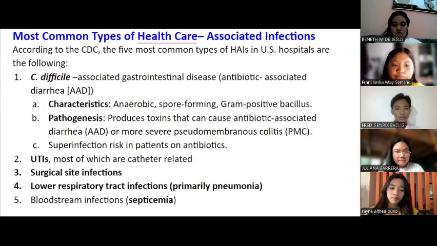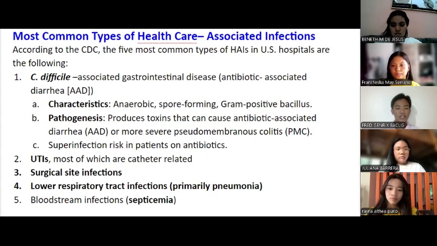So number two is the UTI, urinary tract infection, most of which are catheter-related because the urinary catheter, which is inserted into our bladder, may nagpo-form na biofilms around the catheter which makes the pathogens enter our bladder, which can cause infection.